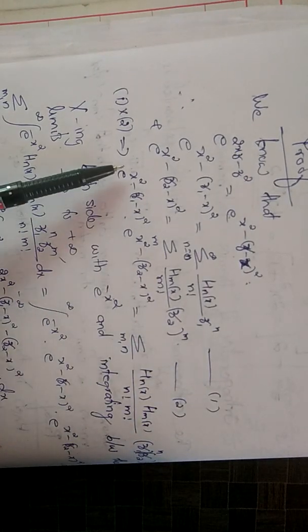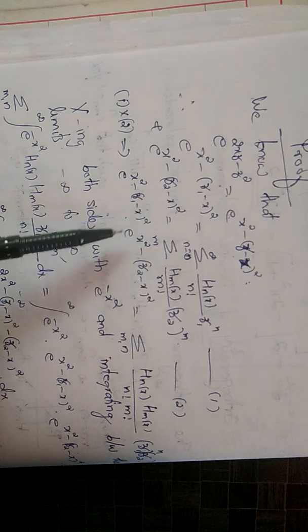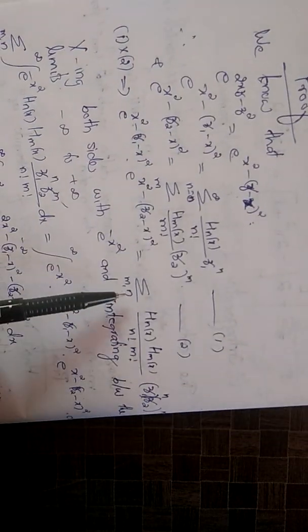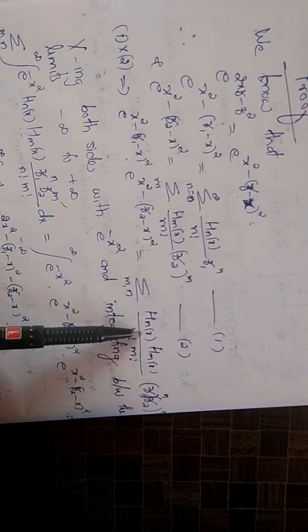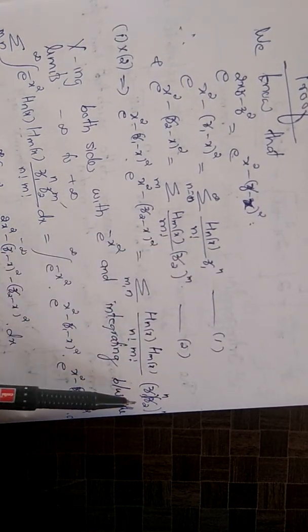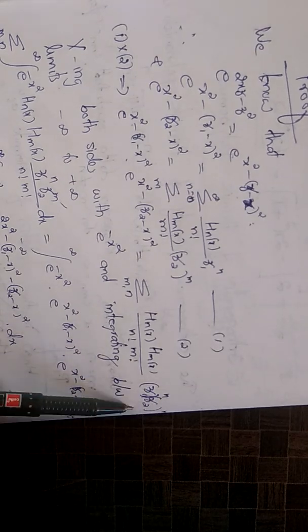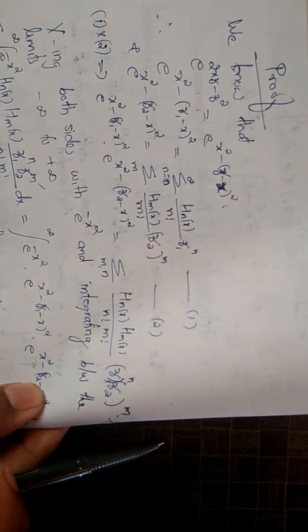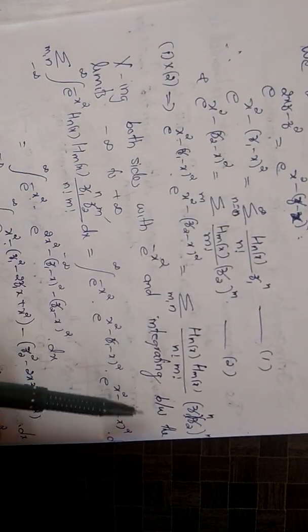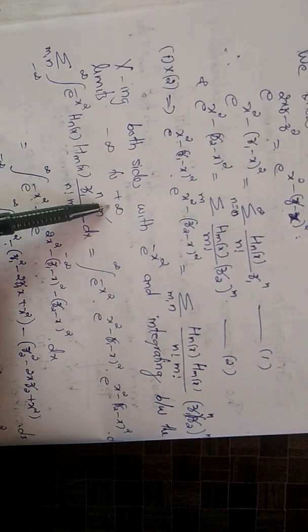Multiplying equations 1 and 2, we get e^(x² - (z1 - x)²) times e^(x² - (z2 - x)²) equal to the summation over two variables n and m of Hn(x) Hm(x) z1^n z2^m / (n! m!). Next we multiply both sides by e^(-x²) and integrate between the limits minus infinity to plus infinity.